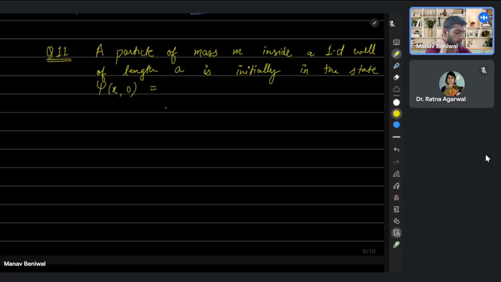Okay, so this is initially in the state under root 3 over 5a sine 3 pi x by a plus 1 over under root 5a sine 5 pi x by a.